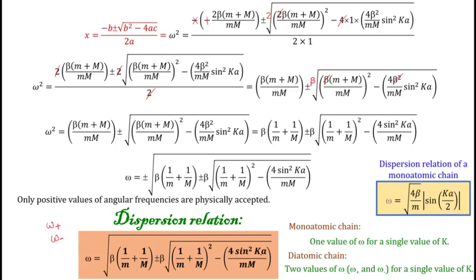So for one value of k, we can have two values of omega, omega plus and omega minus. We'll stop here, and in our next lecture, we'll plot this dispersion relation as an omega versus k graph, and we'll give you a physical interpretation of this relation.